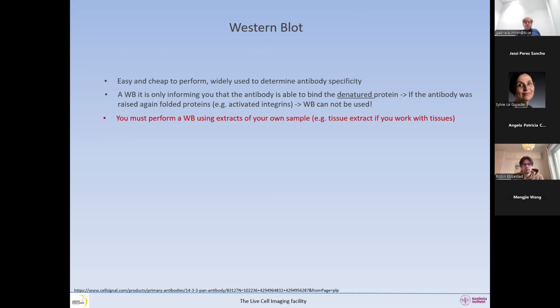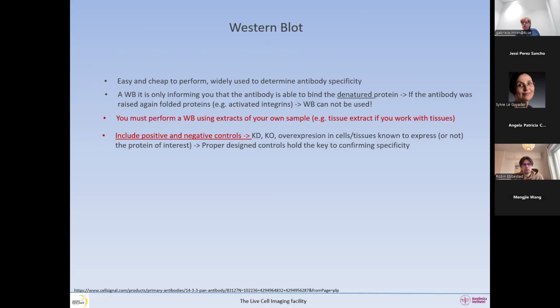You always need to perform the Western blot using extracts of your own sample, for example, tissue extract if you work with tissues. Always include positive and negative controls, because the proper design of these controls is key to confirm the specificity of the antibody.